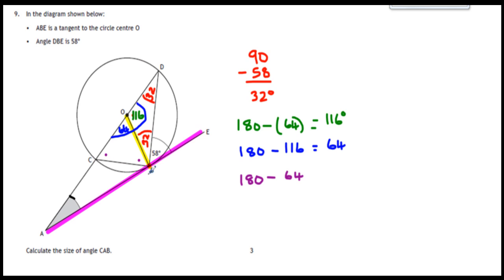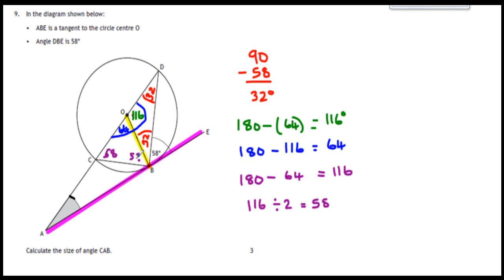So when I take 64 away from 180, I'm left with 116. But I want to share that 116 with the two angles that I've got. So 116 divided by 2 gives me 58 for both of those angles. So that one there will be 58, and that one will also be 58.